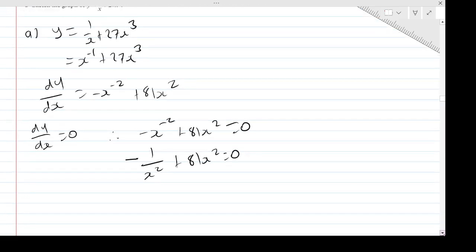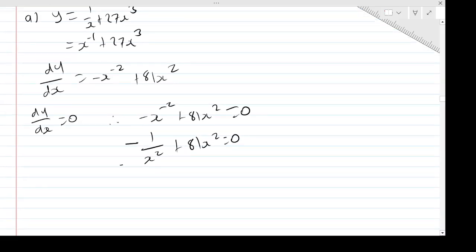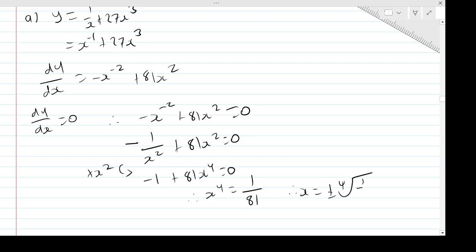Then we can just times by x squared both sides, so minus 1 add 81x to the 4 equals 0. So x to the 4, if we add 1 to both sides, we get 1 and then divide by 81. Therefore x is going to be plus or minus the 4th root of 1 over 81. Does that simplify? Should do.